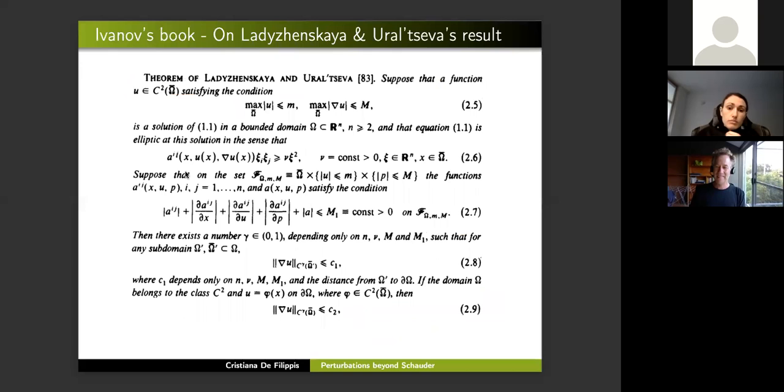this is the case. Let's have a look at this theorem by Ladyzhenskaya and Uraltseva. It is required that the nonlinear tensor is differentiable with respect to all its entries. Moreover, severe structure conditions are required in order to provide Schauder estimates.